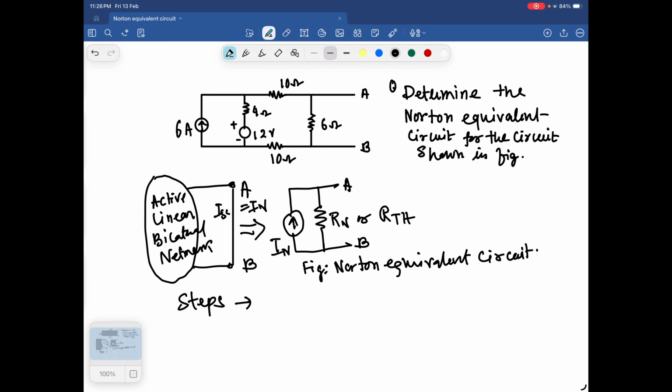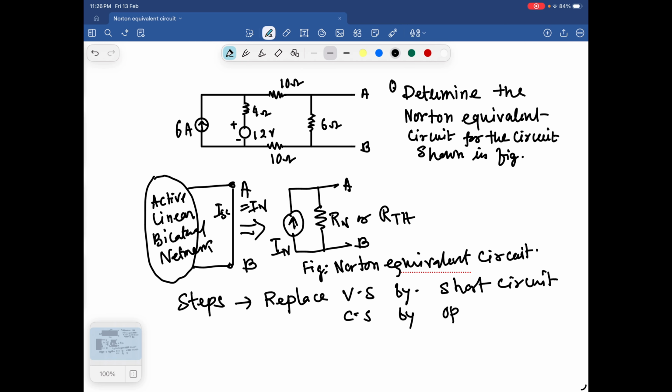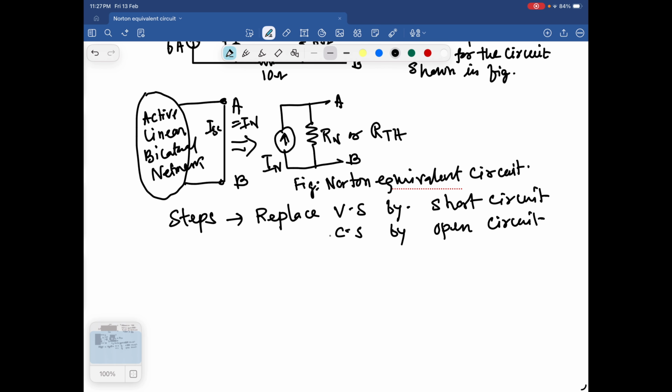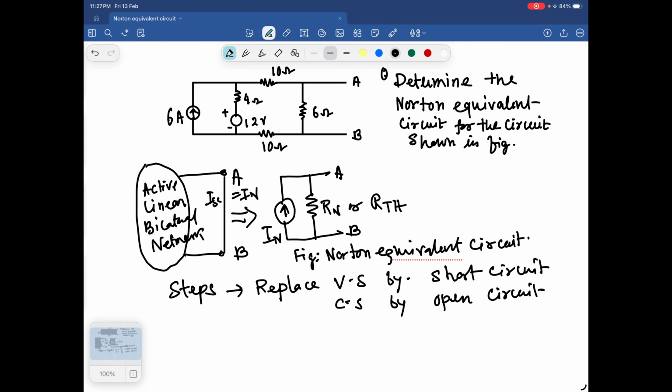The steps are: replace the voltage source by a short circuit, replace the current source by an open circuit, and look at the terminal point and find out the equivalent resistance. So we have to look at the terminal point.